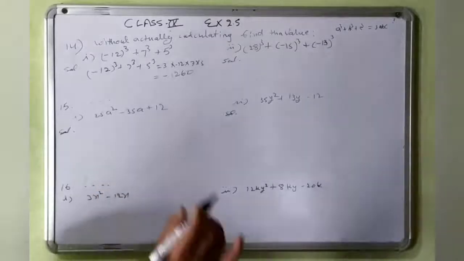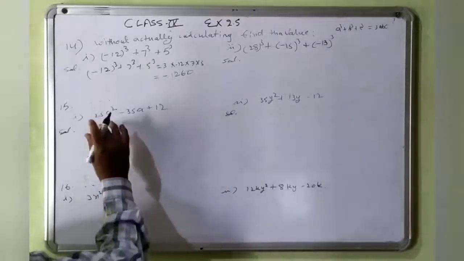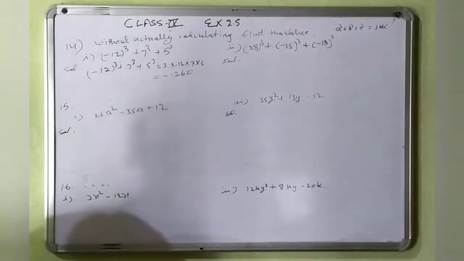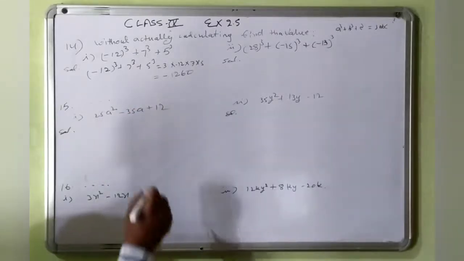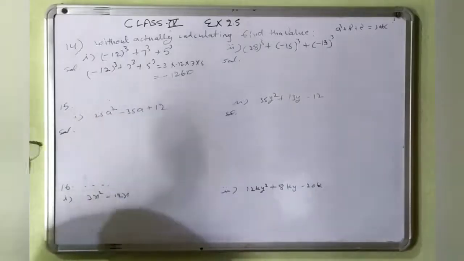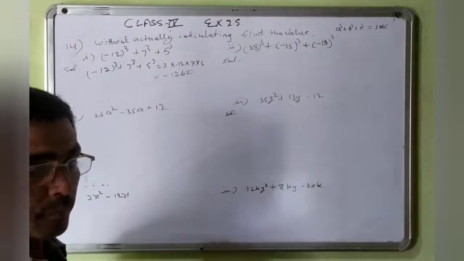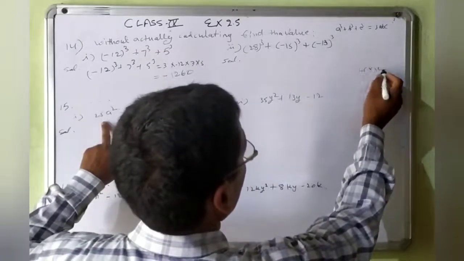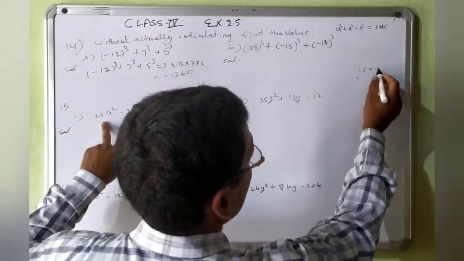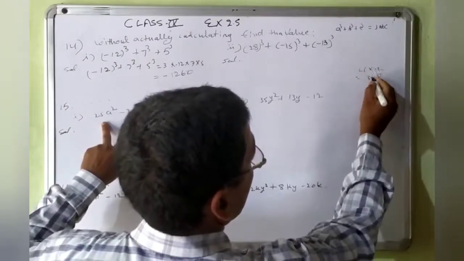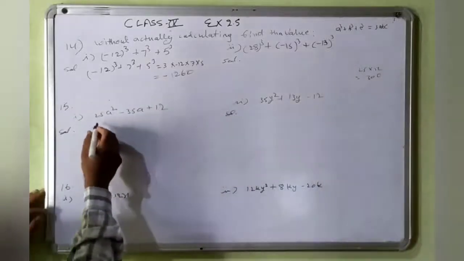First of all, multiply these two: 25 multiplied by 12, that will be 300.